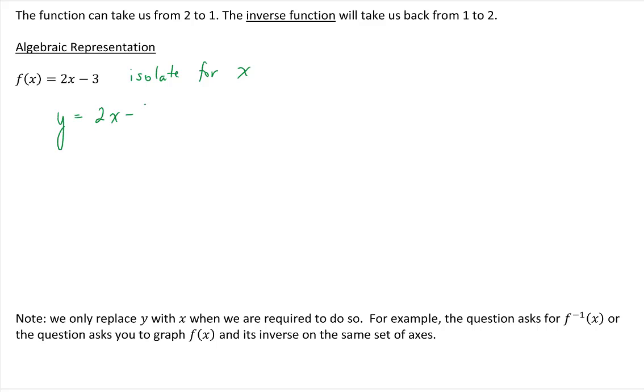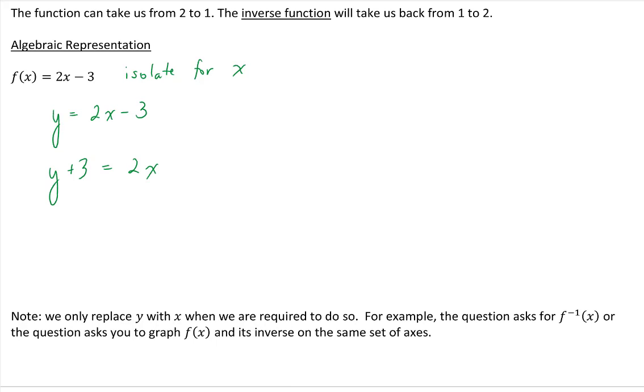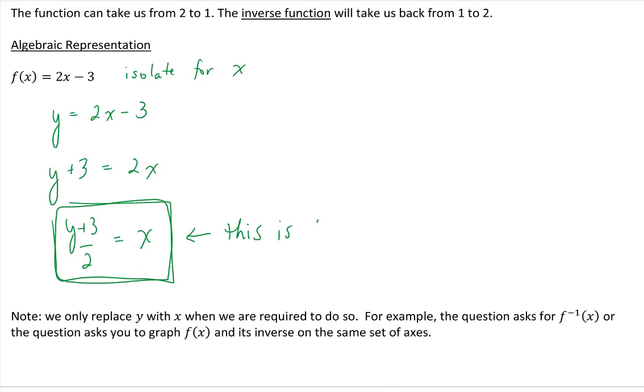So we get y equals 2x minus 3, and then isolate for x. So first step, add 3 to both sides. So I get y plus 3 is equal to 2x. And then divide both sides by 2. So I get y plus 3 over 2 is equal to x. So this is what we call the inverse.